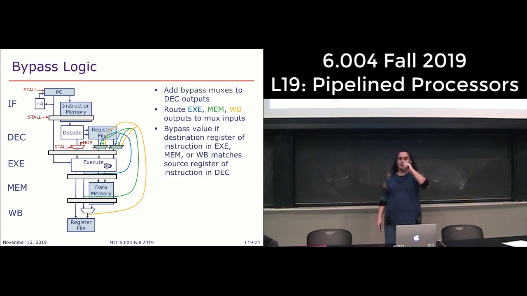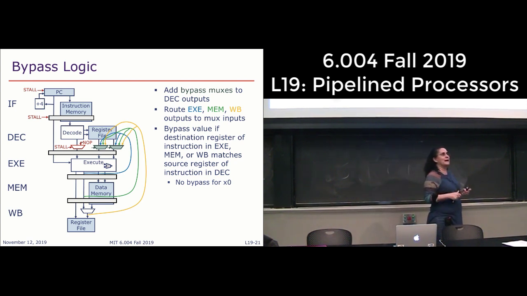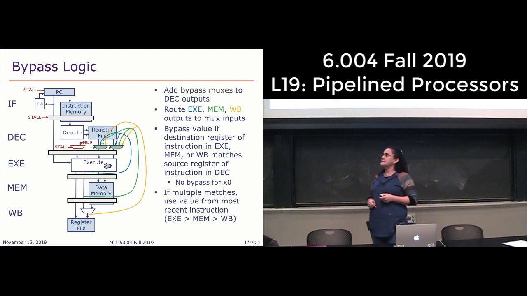Well, basically, I'm going to bypass a value if there's ever a situation where in my stages that are after my decode, I'm writing to the register that I'm trying to read in my decode stage. Okay? Now, of course, if you're trying to read X0, then we don't have to use this special bypass path because that's always 0, so you can special case the X0 case.